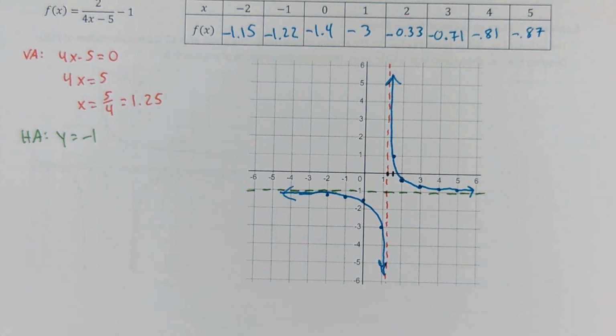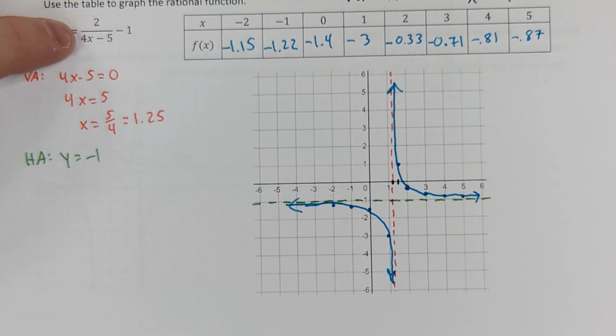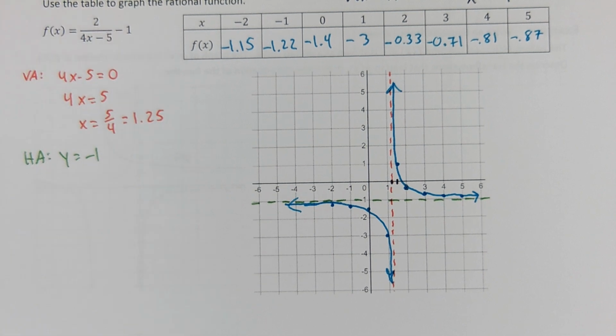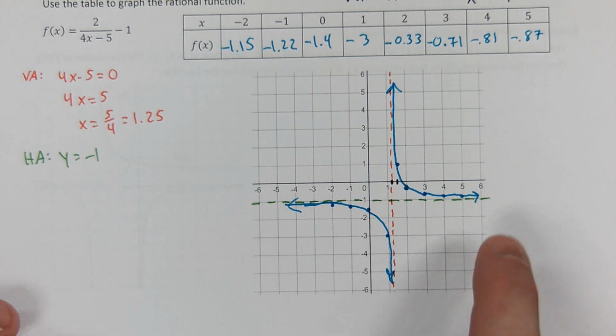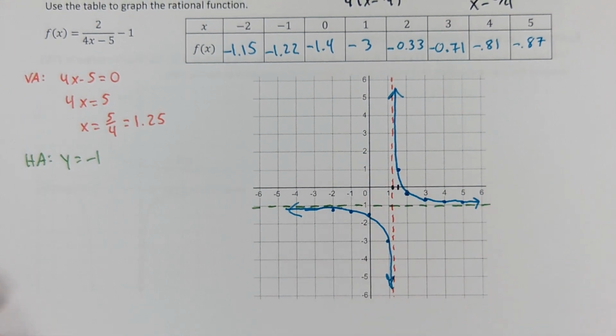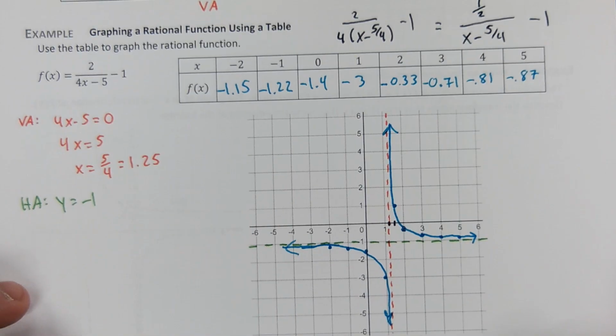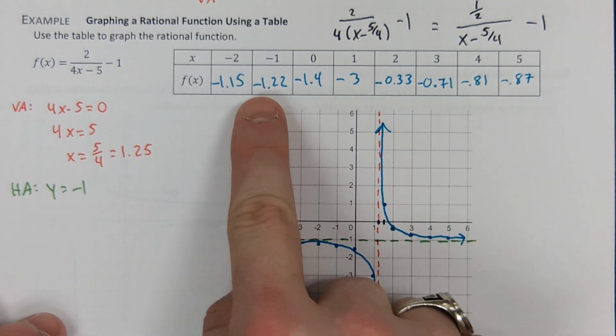What do you think, guys? Can you identify vertical asymptotes, horizontal asymptotes, and plot a couple points? I'm sorry? What top thing? Can you be more specific? The top curve? Yeah, I connected the dots. These are the y values.